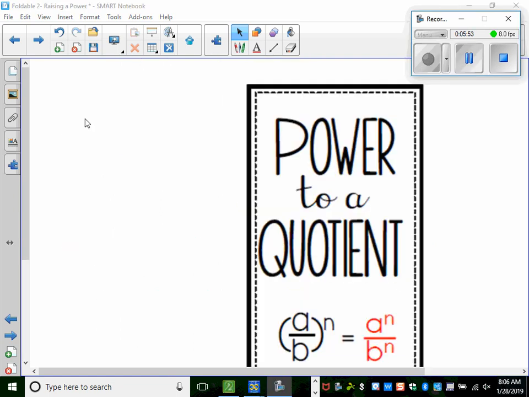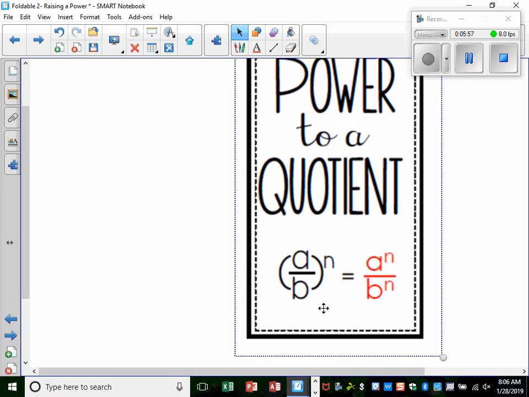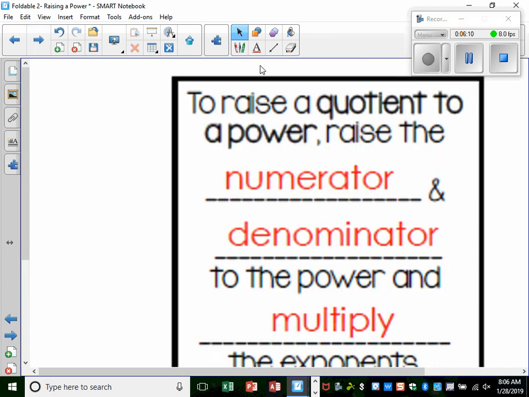All right, last one is, what if you have a fraction? We call this the power to a quotient. So again, you're still distributing, or multiplying, the power on the inside times the power on the outside. So here it says to raise a quotient to a power, you raise both the numerator and the denominator.